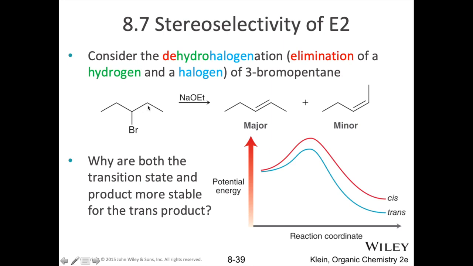So in the case of making the trans product, the protons you're deprotonating on that beta carbon are pointed away from that bulky bromine, whereas on the cis product, you have this methyl group flipped up over here, and so your hydrogens would be down here, and again, you've got some steric hindrance from that bromine for your base coming in trying to deprotonate that carbon.